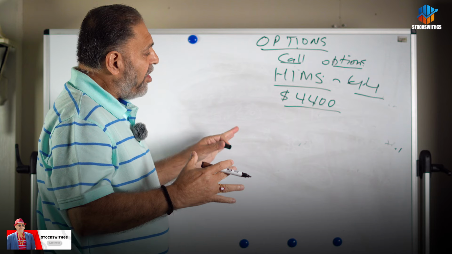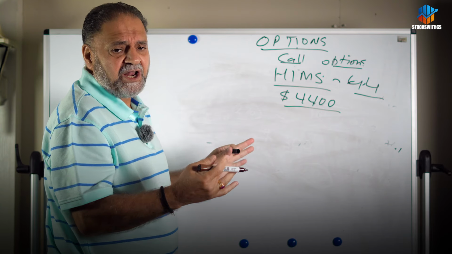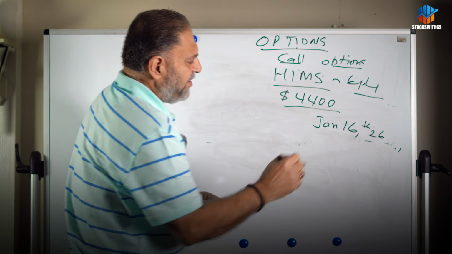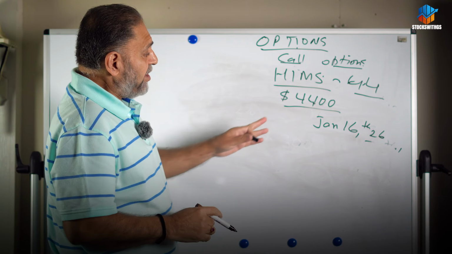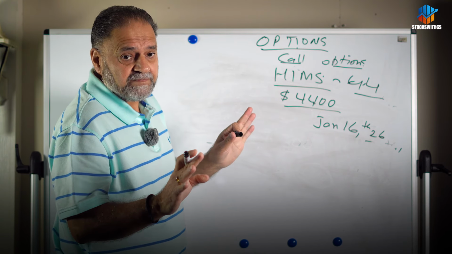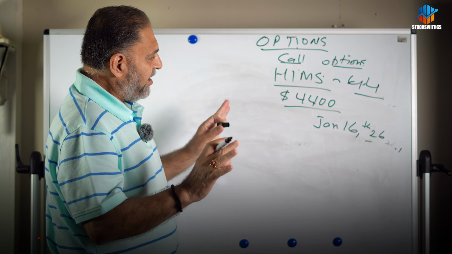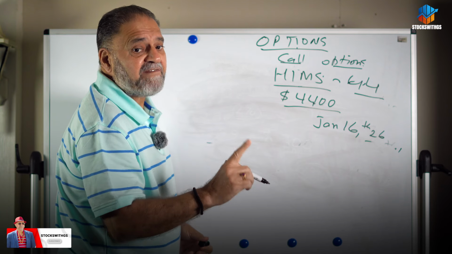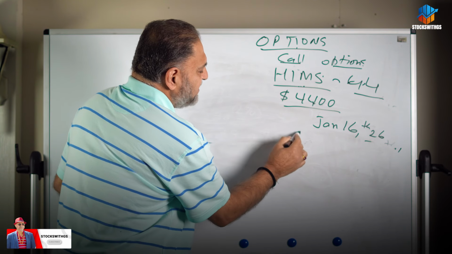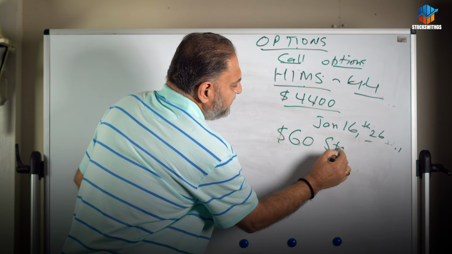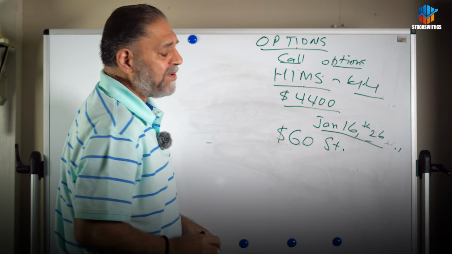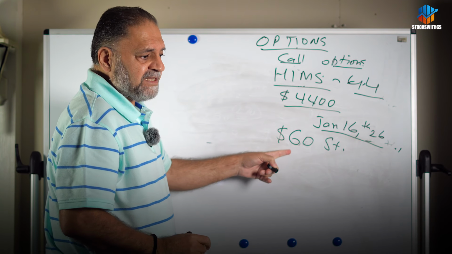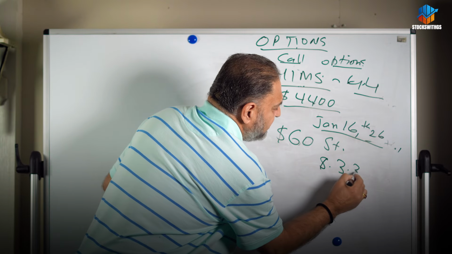And you think the price can go to 50, 55 or 60, I'll sell it. Okay. Or you think the price cannot go to $60 by January 16th, 26, 2.5 months from now. So if the price stays at 4,400, you don't make any money, right? Okay, I give you an example that if you sell Hims call options, covered call options for Hims for $60 strike price, and the date of expiration is January 16, 26, and the actual premium on this is $3.30 per share.